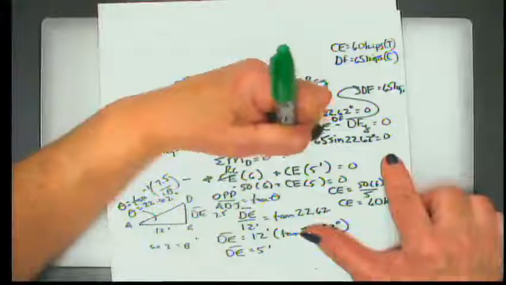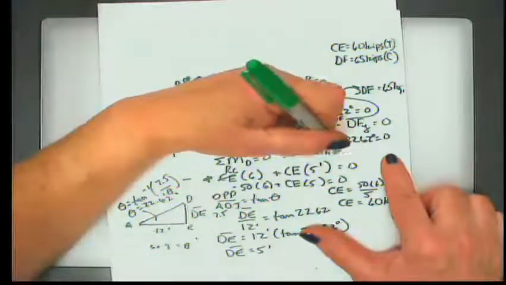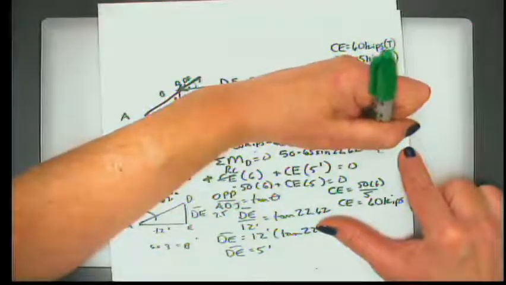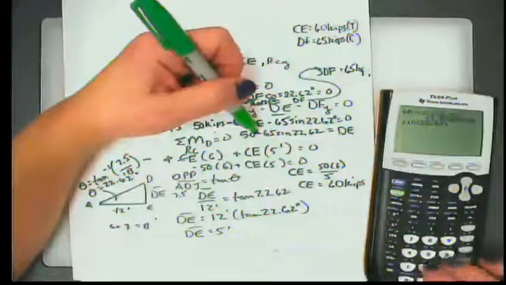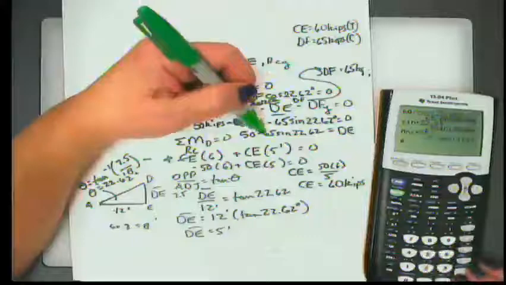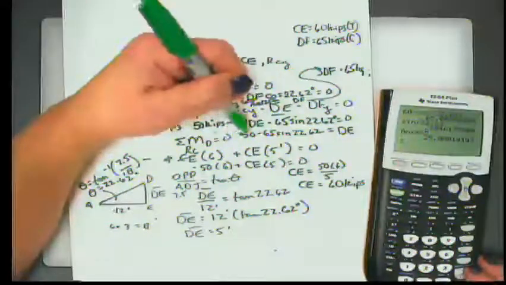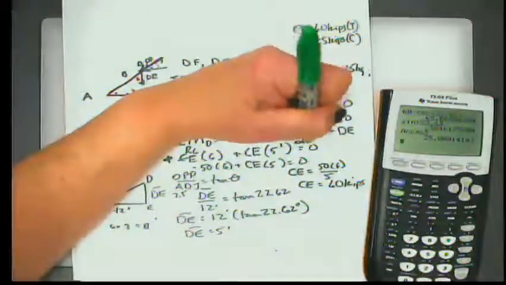So I can say that 50 minus 65 times the sine of 22.62, bring my D sub E over to the other side, and it becomes positive over here, is equal to D sub E. So if I take the sine of 22.62 degrees, multiply that by 65, this value is a positive 25. So 50 minus 25 is 25 kips.